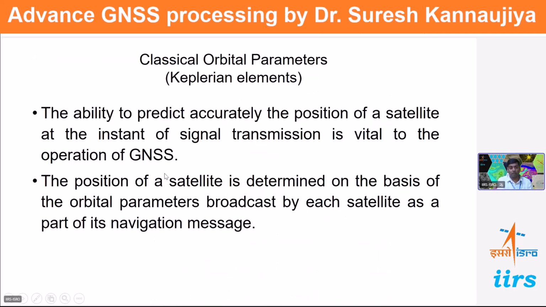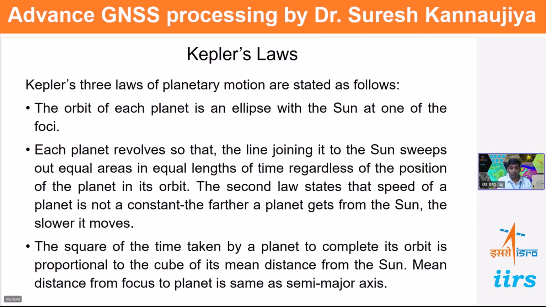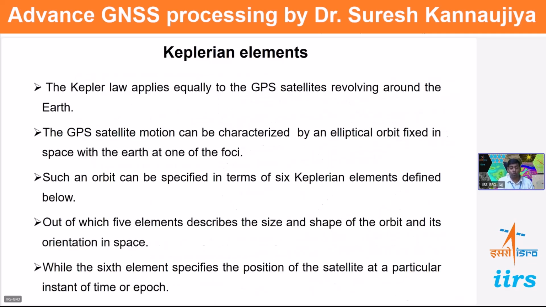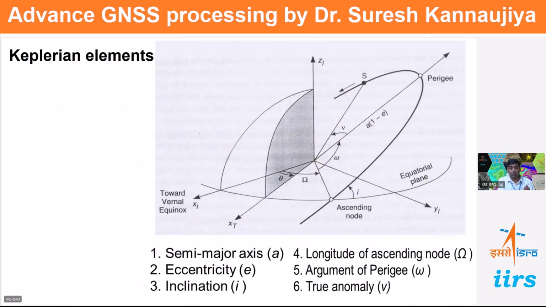So these are the Keplerian elements. There are basically three Kepler's laws: the law of orbital ellipses, the law of equal areas, and the law of orbits with equal periods. These three Kepler's laws we use to estimate these unknowns: semi-major axis, eccentricity, inclination, longitude of ascending node, argument of perigee, and true anomaly.